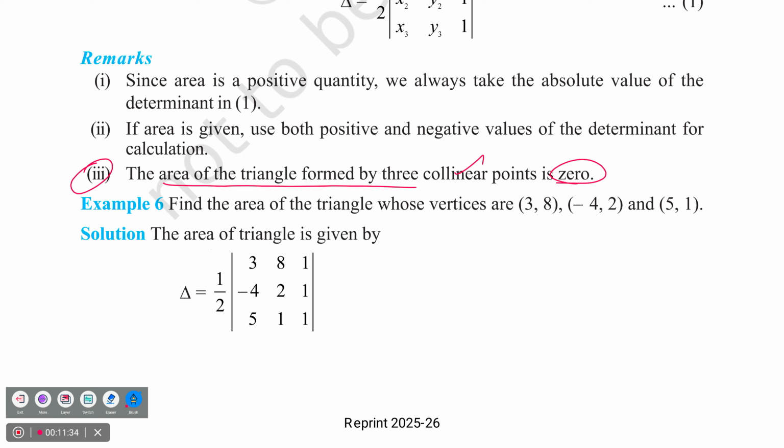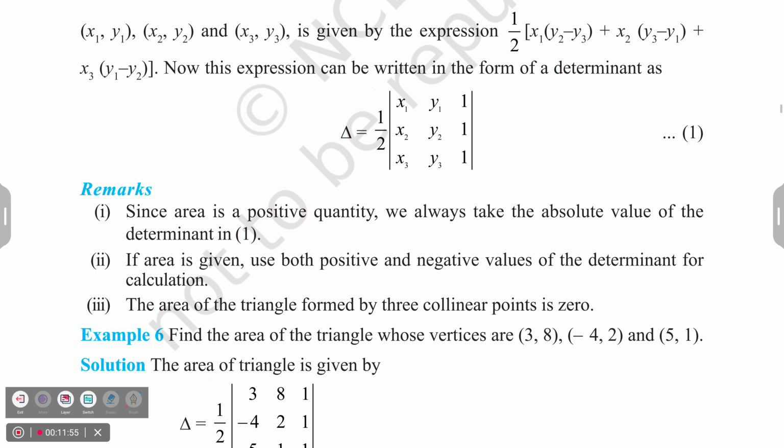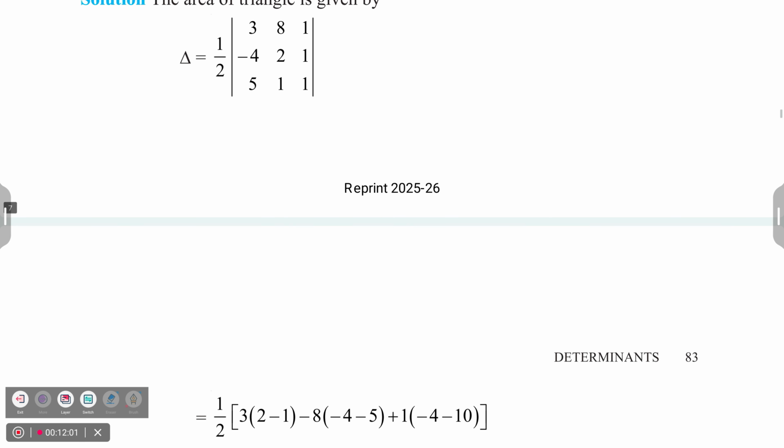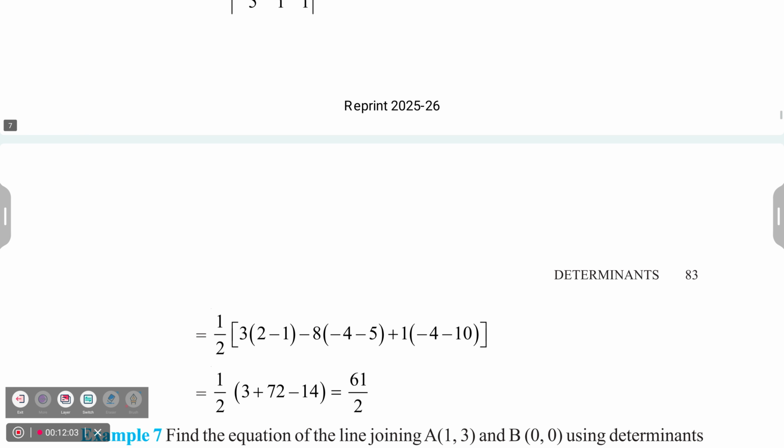Area of triangle 0 means the points are called collinear. See, determinant, listen carefully. Determinant can be negative, but area cannot be negative. Sometimes, listen, in this here we will go, what is the area of triangle? 61 by 2.